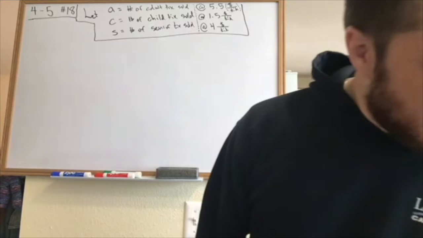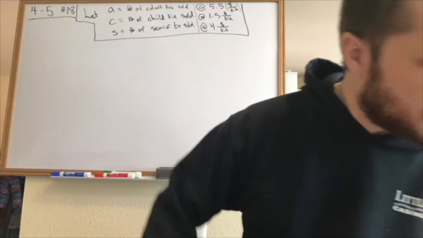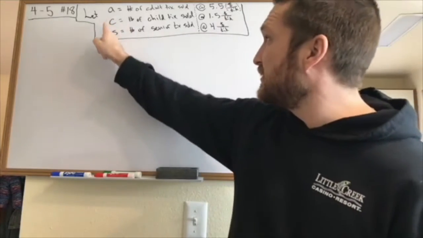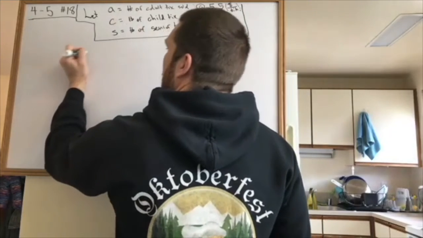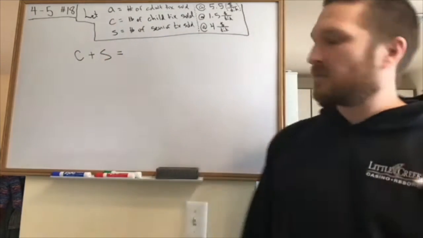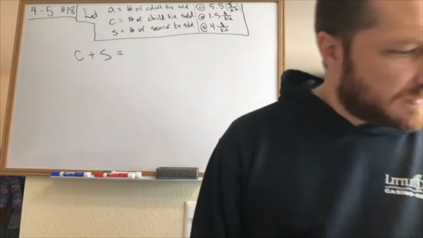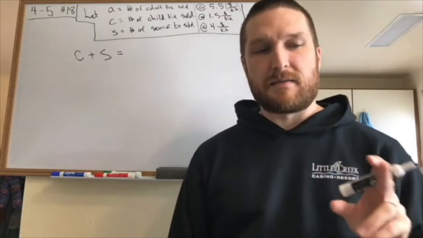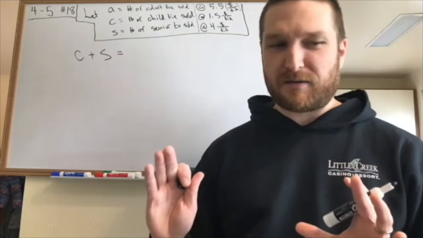It just says the number of children's and senior tickets. So I'm just thinking, oh, that's children and senior tickets, that's C and S. So the number of children's and senior tickets sold was, it says, 30 more than half the number of adults tickets sold. And I think you wrote this right last night. And you might have had everything right when you wrote it out, but I really wanted to talk about it.